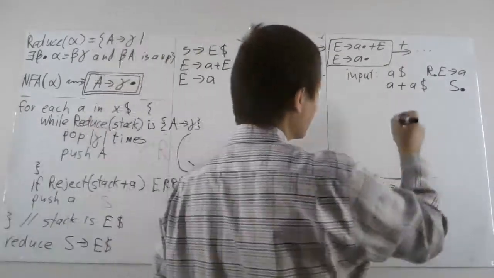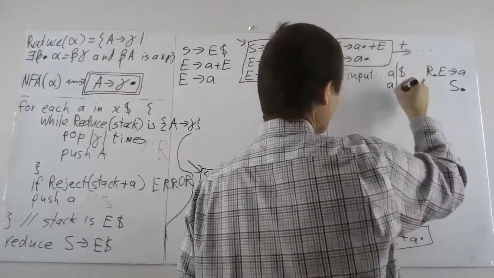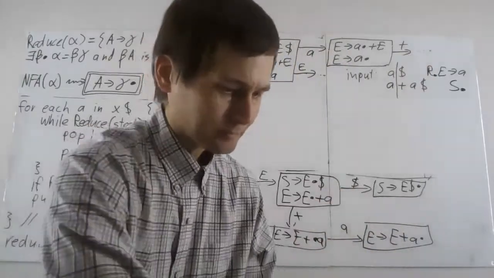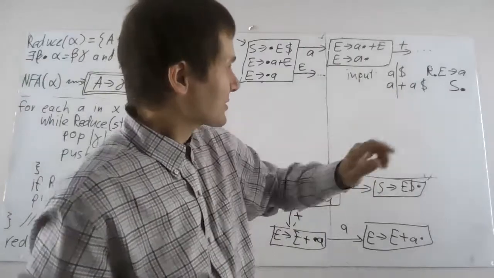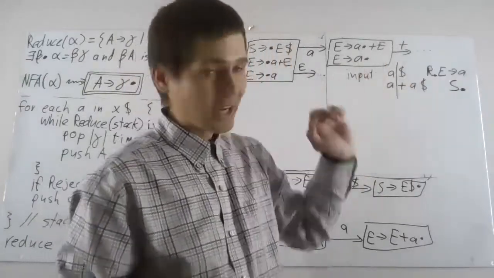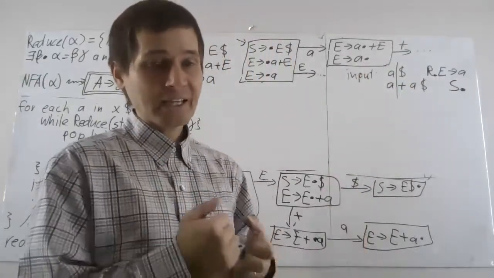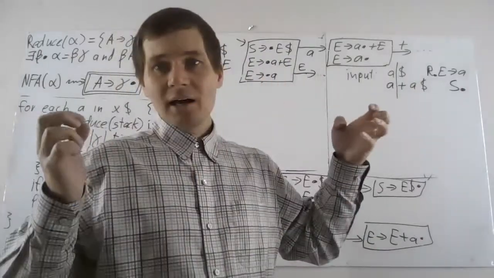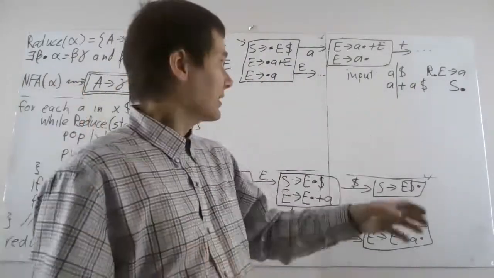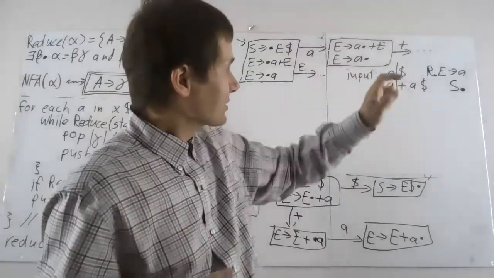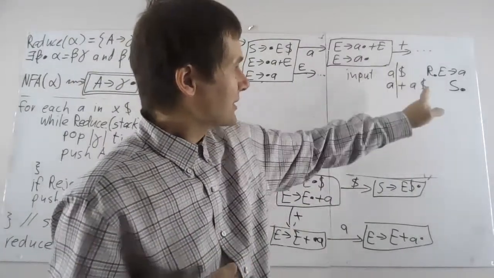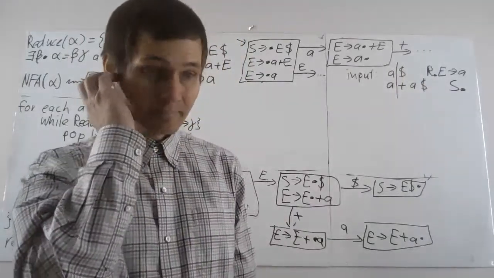Okay, and let me just draw a line here. On the left of the line is what's on the stack. On the right of the line is the unseen input that I haven't looked at yet. And my DFA only looks at the stack, right? So the DFA just sees A, and it doesn't know whether I'm in this case or in this case.